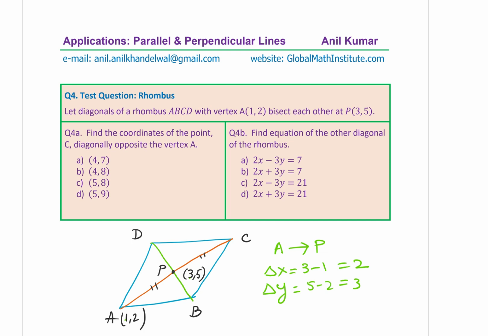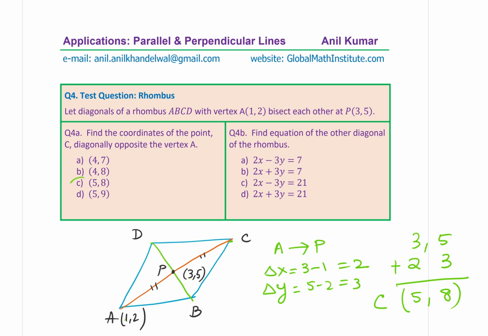So basically, if I add this to point P, I will get C, correct? Point P is 3, 5. Now to this, I am adding 2 to the x value and 3 to the y value. If I do that, I get 5, 8, and that becomes the coordinate point of C.